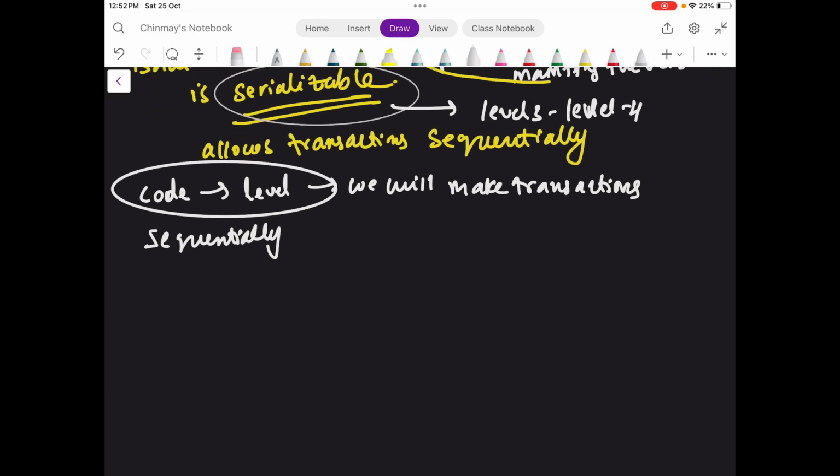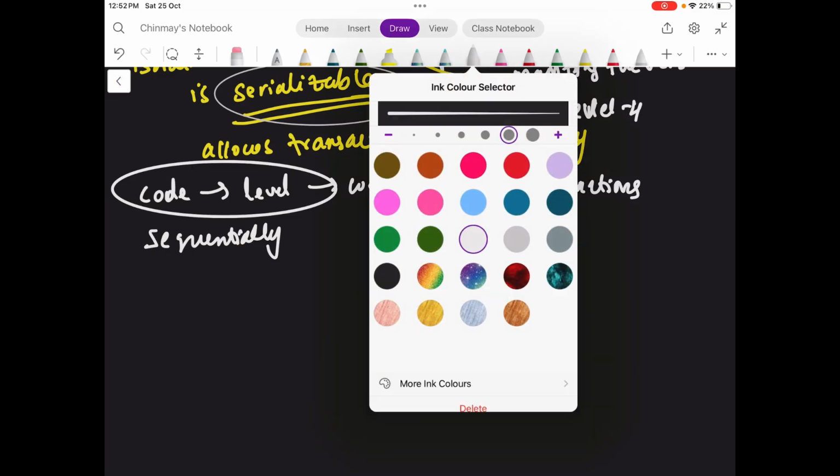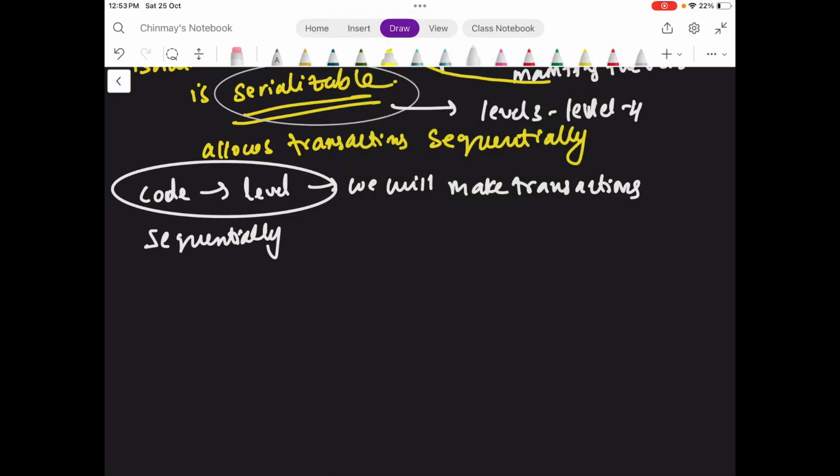Okay, there is another problem, another issue without isolation, which is loss of data. For the loss of data also, the isolation technique is serializable.